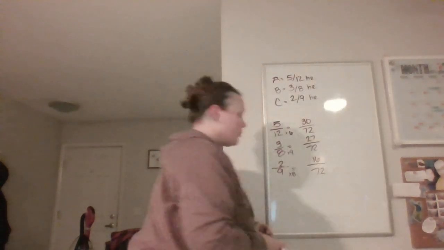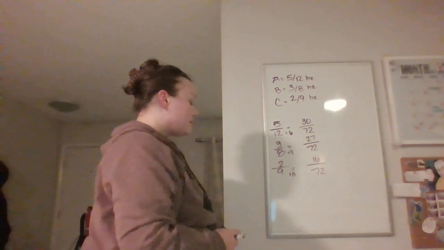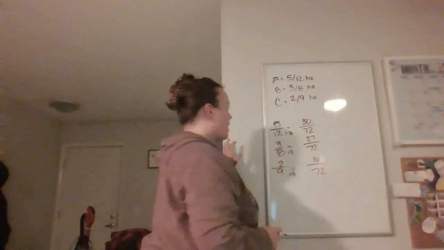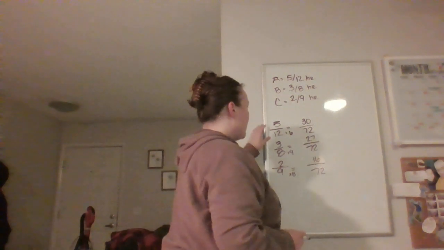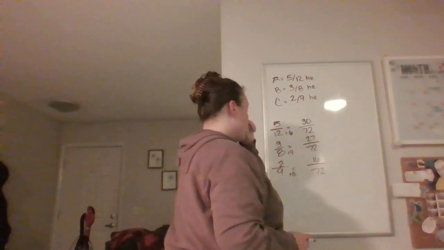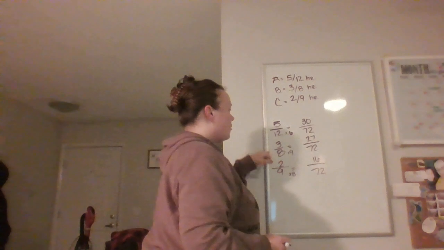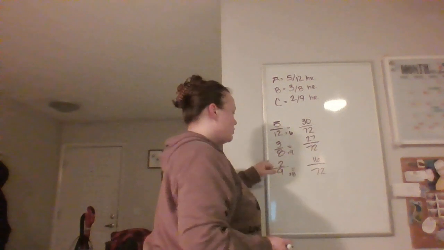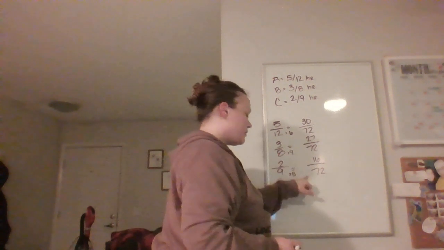When we convert, we are going to multiply 5/12 by 6 to get to the 72, so it's 30 over 72. 3/8 is 27 over 72, and 2/9 is 16 over 72.